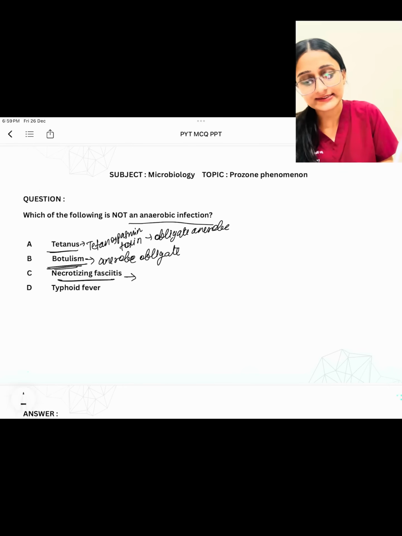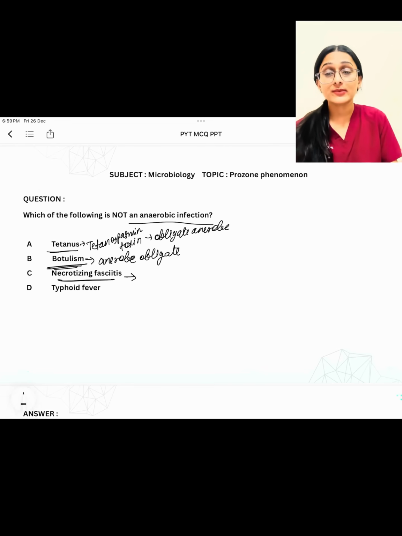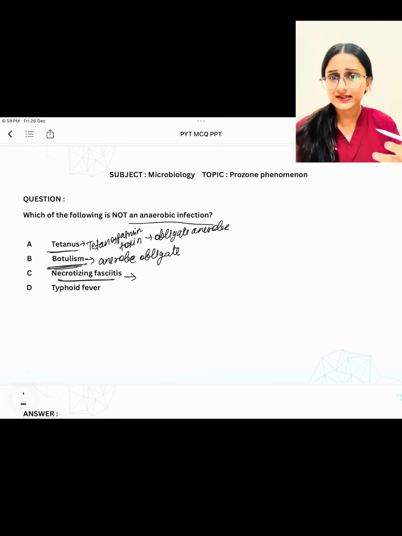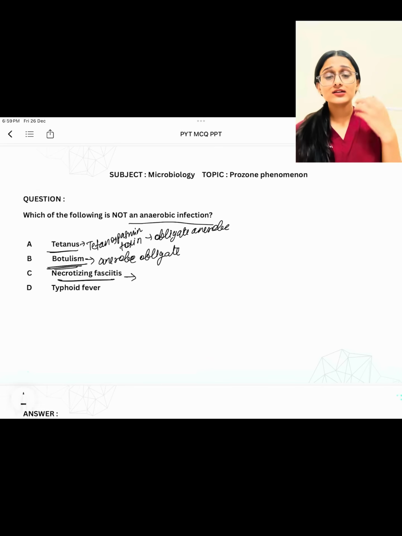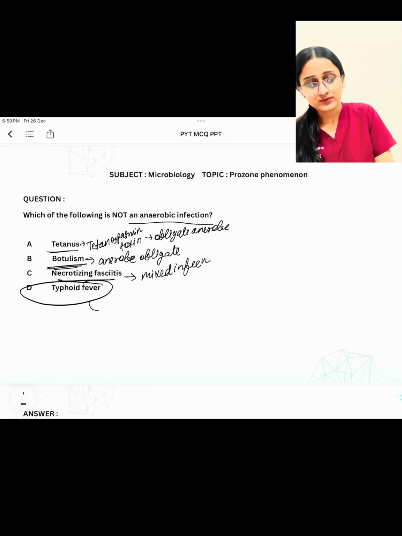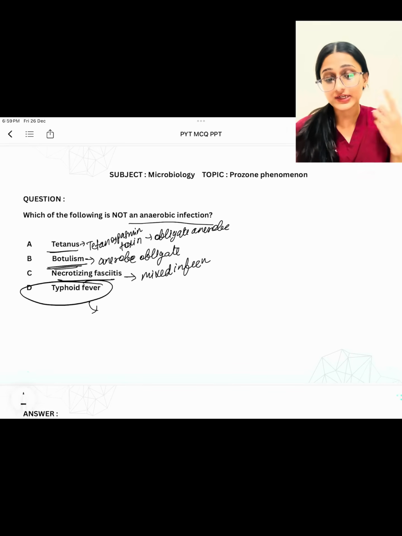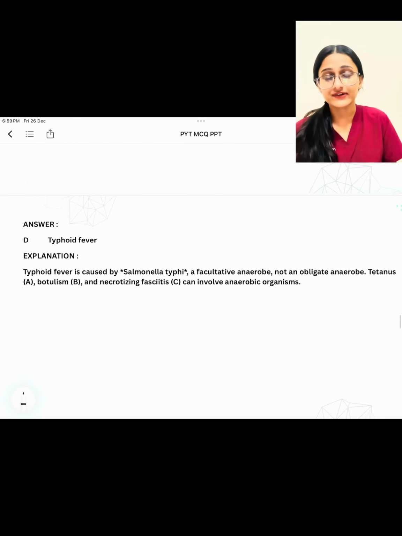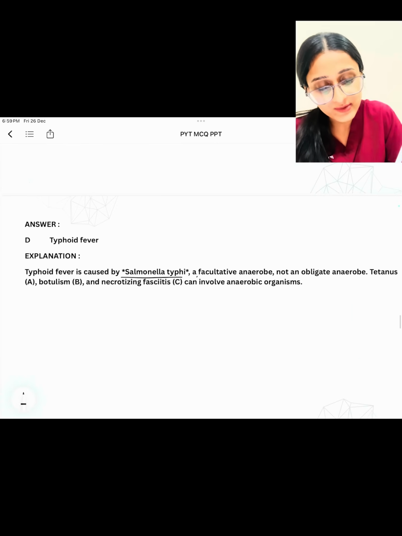Necrotizing fasciitis is caused by Clostridium perfringens, which also causes gas gangrene, and it is basically a mixed infection of aerobic and anaerobic flora. Typhoid fever is caused by Salmonella typhi, which is a facultative anaerobe. Let's see the explanation: typhoid fever is caused by Salmonella typhi.